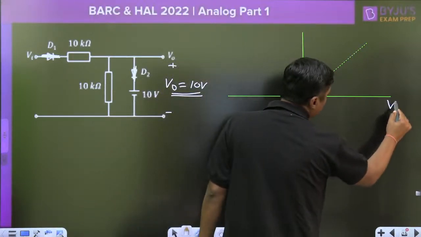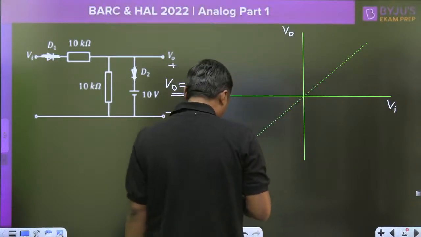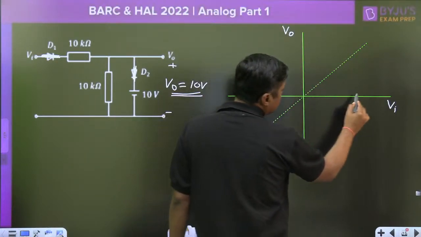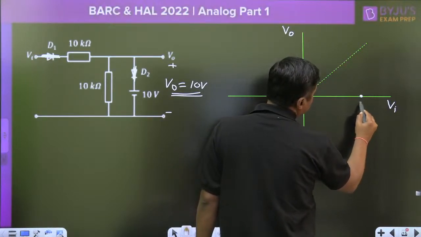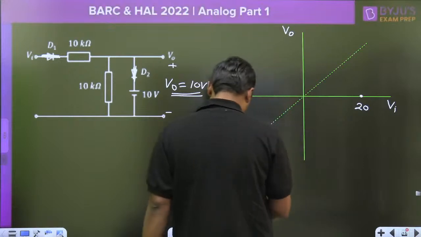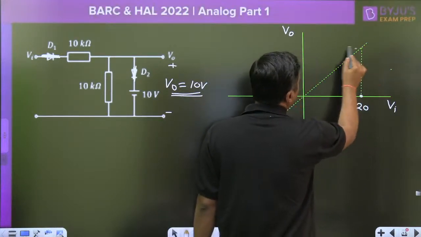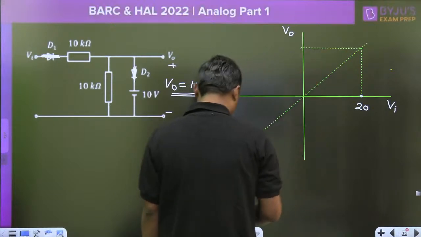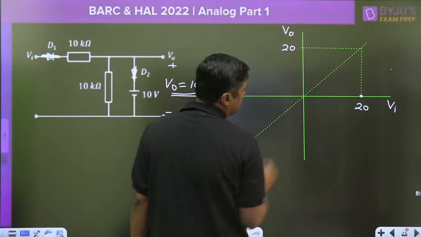Transfer curve means V0 versus Vi. This is the first breakpoint at 0, and the second breakpoint is 20 volt. This is the 20 volt, this is the output, and that is the input.